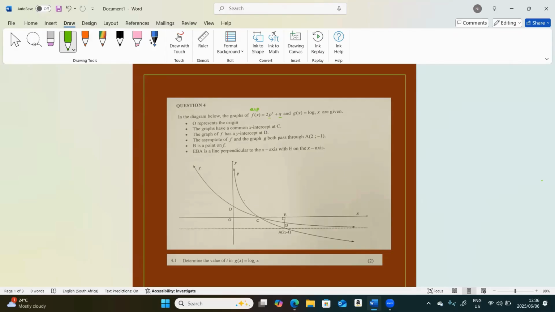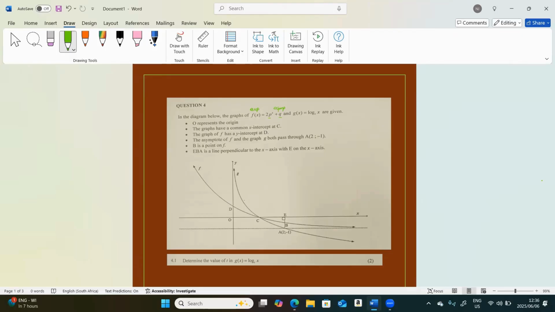The plus q part is your asymptote. Please remember that this plus q part is the asymptote, which is where the graph never passes through or never touches.